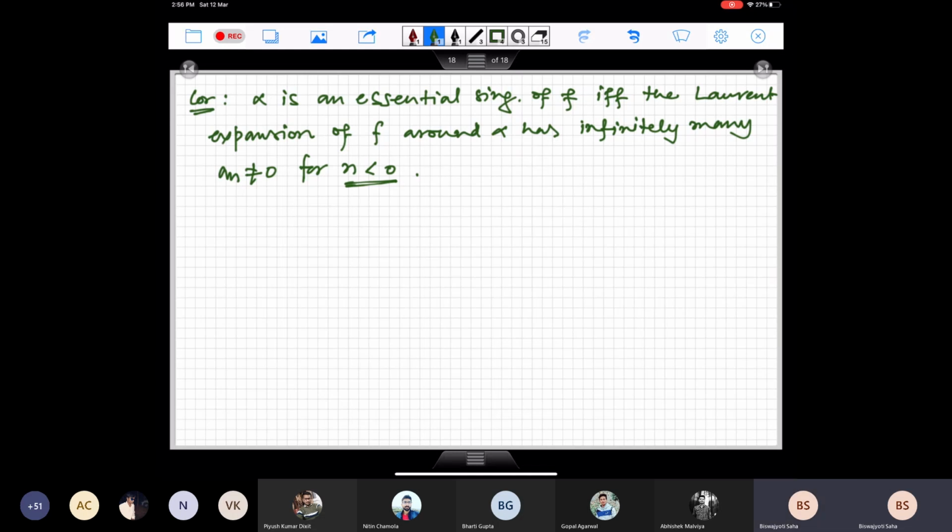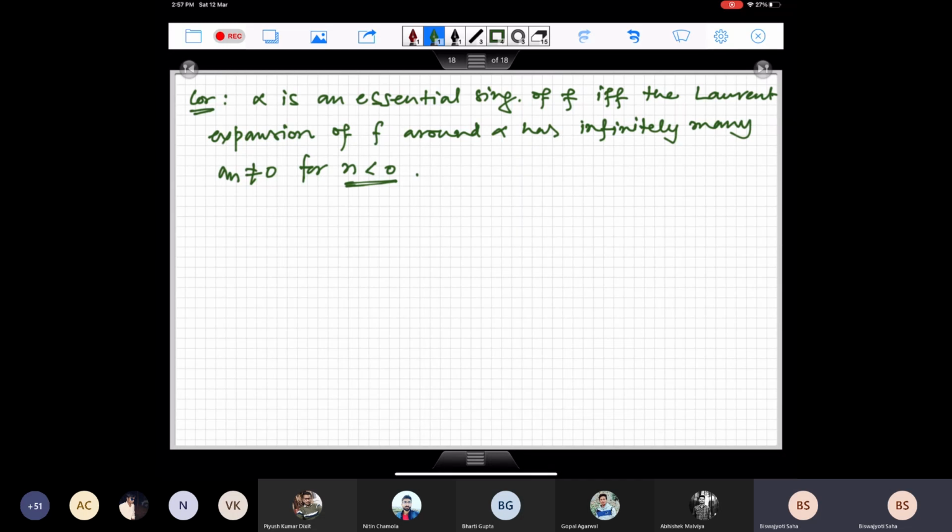Essential means it's neither removable nor polar. If there is no principal part, then it will be removable, and if the principal part is finite, we know it's going to be polar.